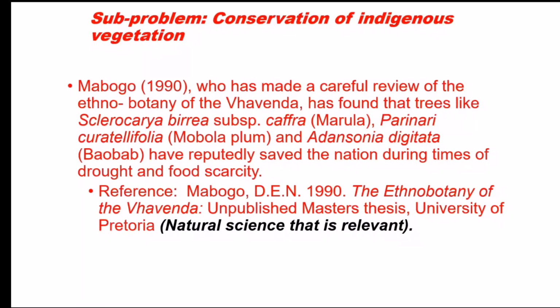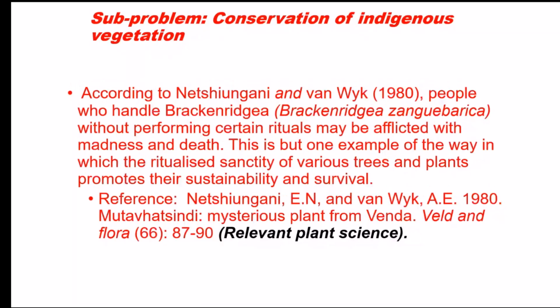According to Nechungani and Van Wyk, people who handle Brackenridgea zanguebarica without performing certain rituals may be afflicted with madness and death. This is but one example of the way in which the ritualized sanctity of the various trees and plants promotes sustainability and survival. So this is very relevant.